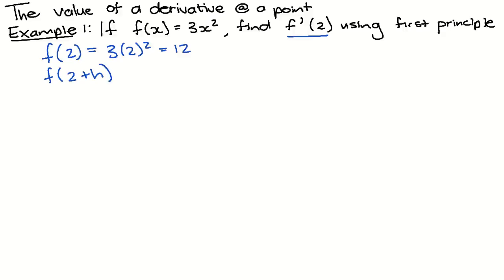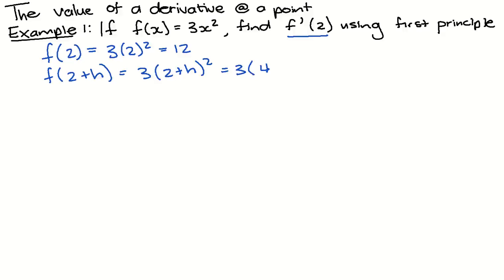f(2 plus h). This was normally x plus h, but wherever there's an x, we're replacing it with a 2. So we change this equation now to 3 open bracket 2 plus h squared. Wherever there's a variable in this equation, I need to replace it with what is in that bracket. So let's keep the 3 on the outside. Those are not like terms. It's a perfect square.